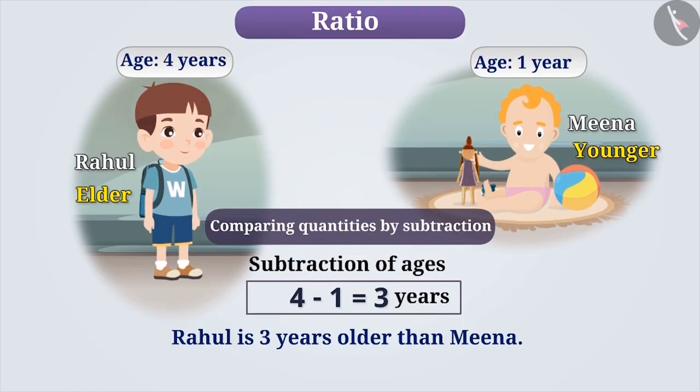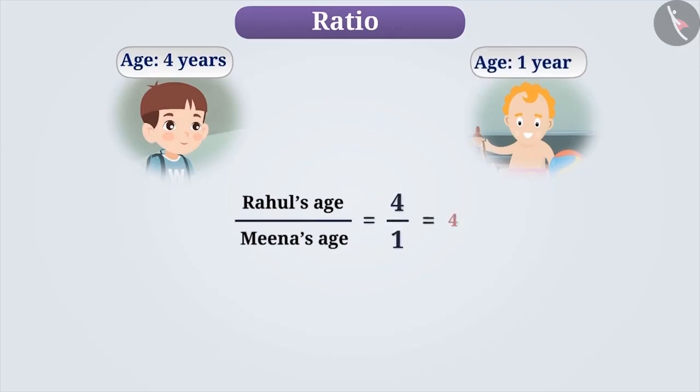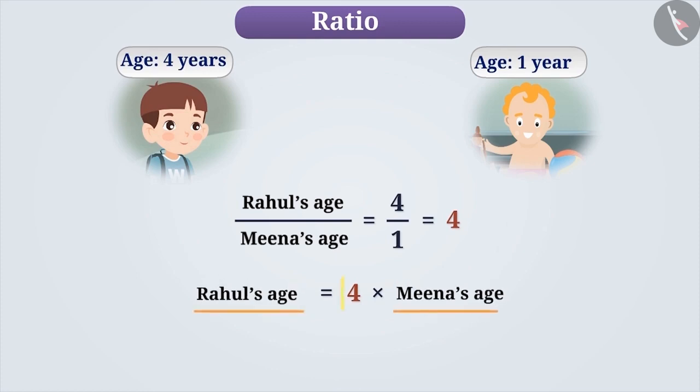If we keep thinking, we can also compare their ages using another method. Think what it would be. Let me tell you, if we divide Rahul's age by Meena's age, then we get 4 as the result. This shows that Rahul's age is 4 times the age of Meena. Here, we have compared two quantities based on how many times one quantity is of the other quantity.